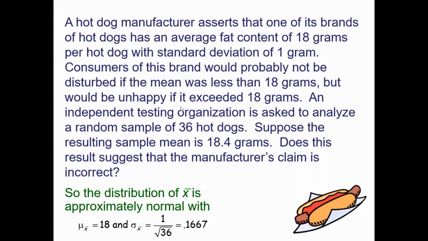They say there's 18 grams of fat with a standard deviation of 1 gram. So our mean here will be 18. To get our standard deviation, we have to do the one they say divided by the square root of our sample size. So that's going to be 0.1667 is our standard deviation that we're going to have to use to test their claim.